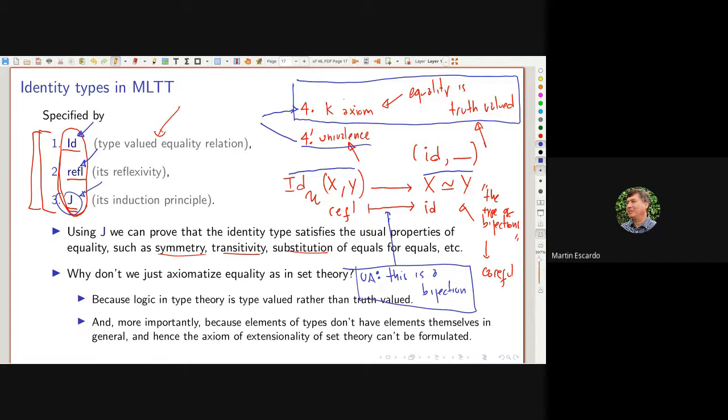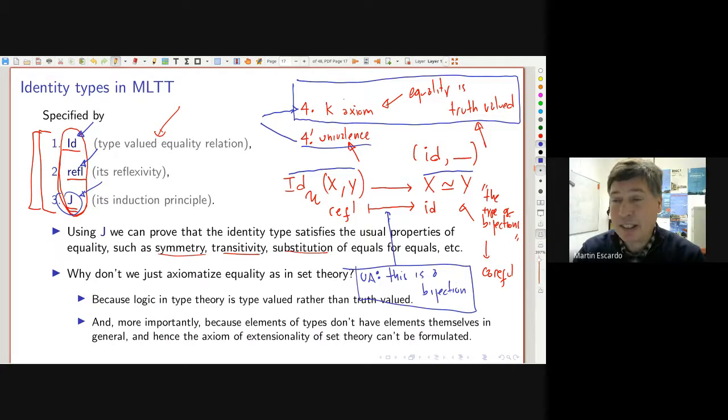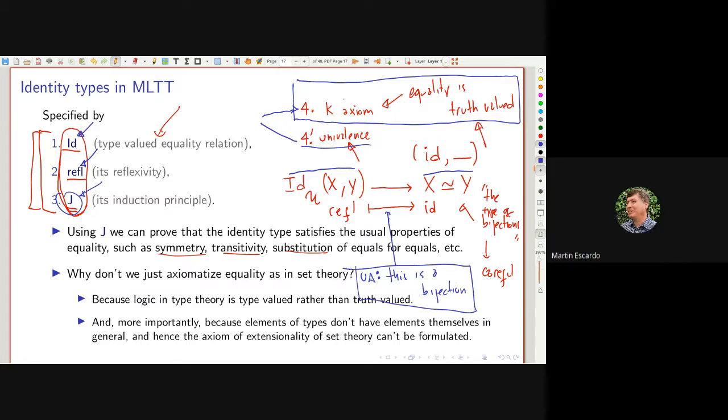Maybe I can just expand a little bit more on this. If you were to do certain branches of mathematics, it would be much easier. In particular, homotopy theory is, in a way, much easier and more direct to do using homotopy type theory and univalent foundations.